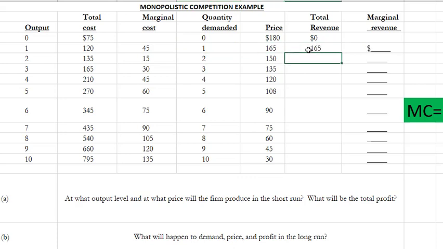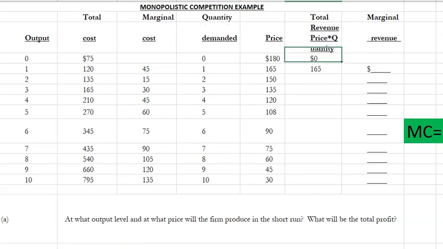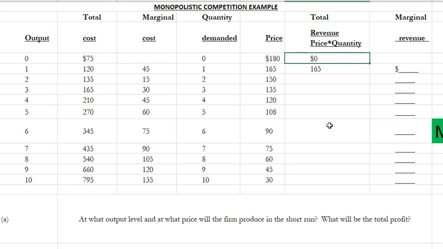Yes, 165. Total revenue is just your price multiplied by your quantity. How much money you earn from selling the particular good. Price times quantity. That's your total revenue.